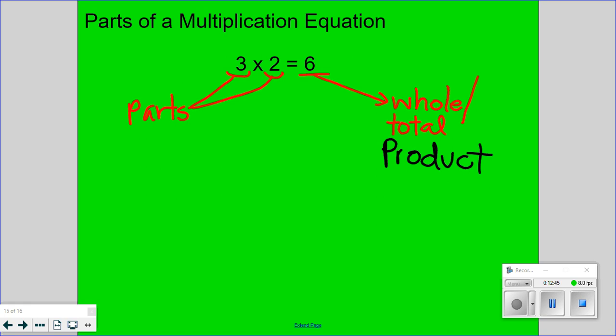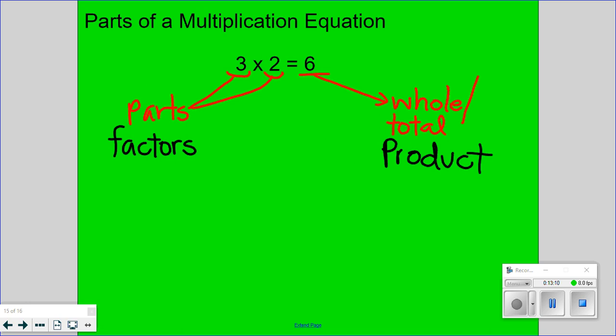Our parts have the same name. Those parts are also called factors. They're called factors. So you might see things, let's say maybe, what is the missing factor?